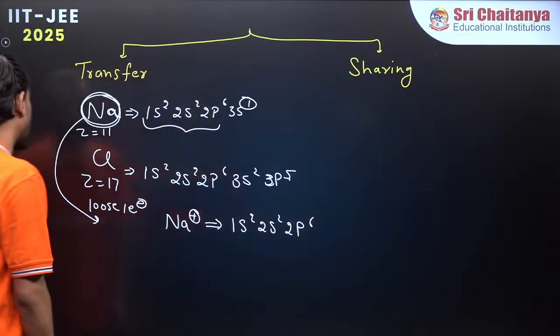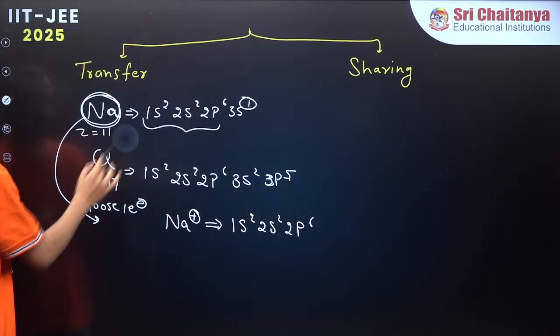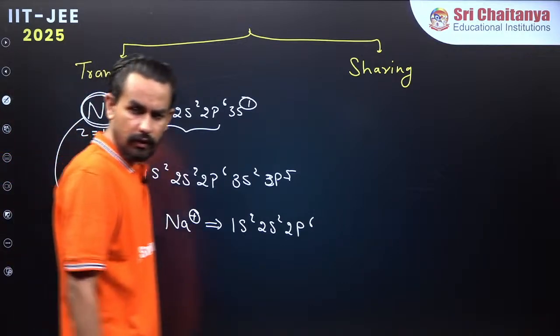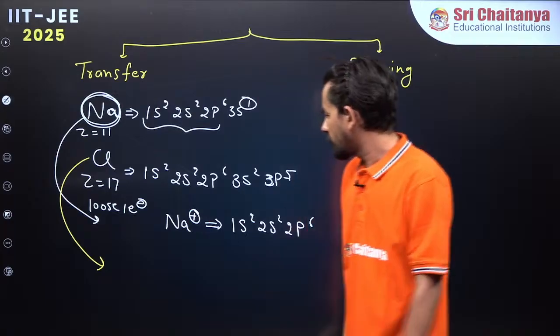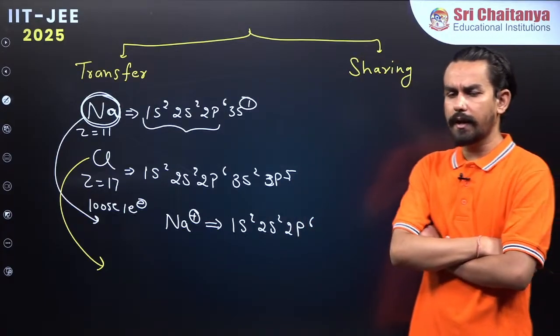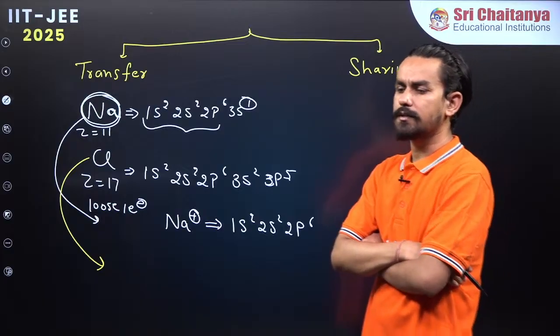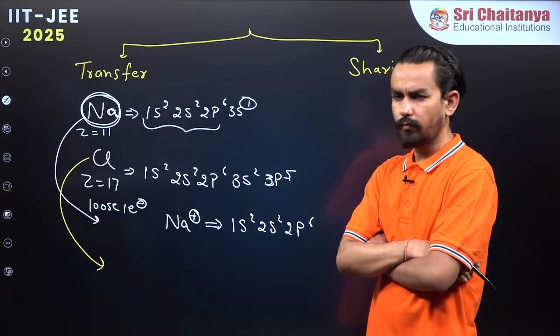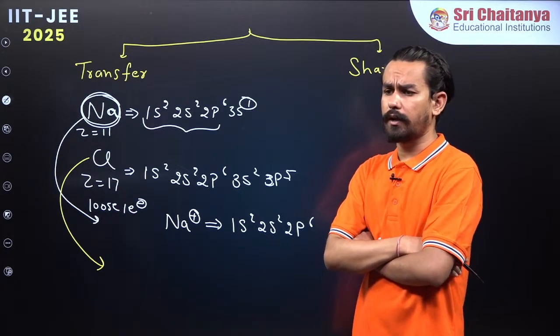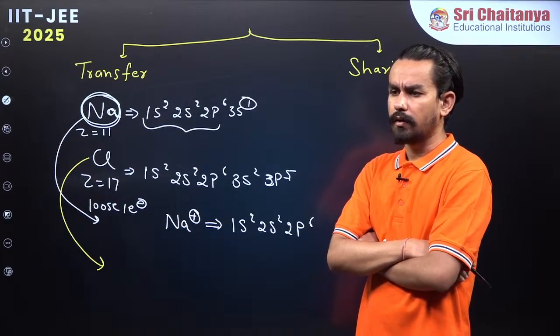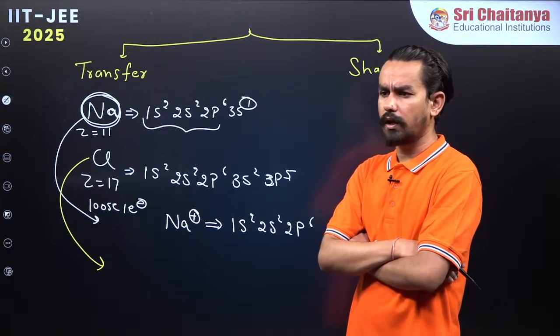Now let us move to the second one, chlorine. What is needed for chlorine to become its nearest noble gas? Should it lose or gain? 1 gain, very good.